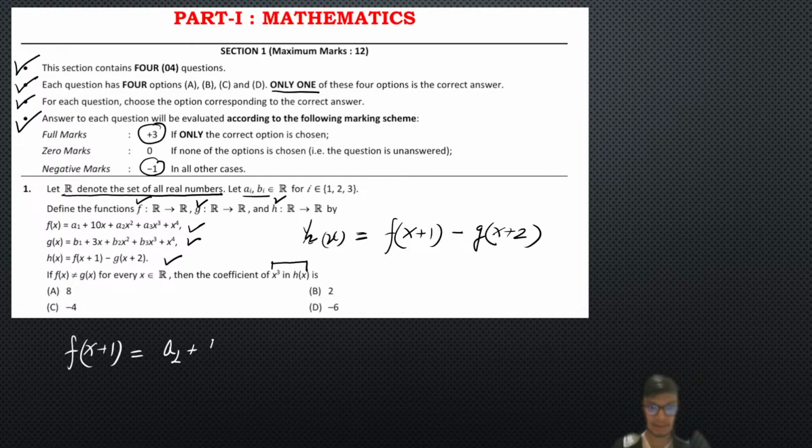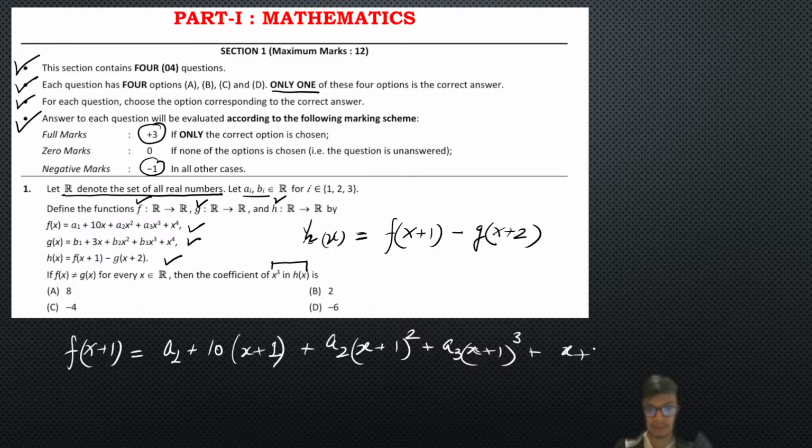It is basically a1 plus 10 times, in place of x I will put x plus 1, plus a2 times x plus 1 whole square, plus a3 times x plus 1 whole cube, plus x plus 1 whole to the power 4. Now what I actually have to find out is ultimately the coefficient of x cube, right?